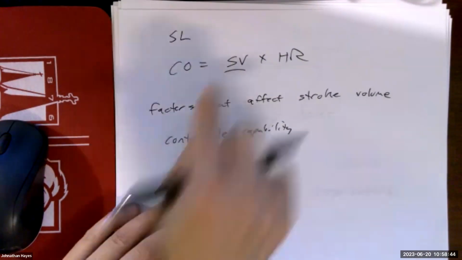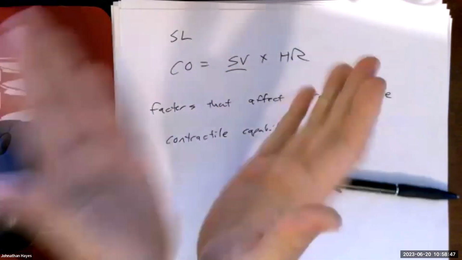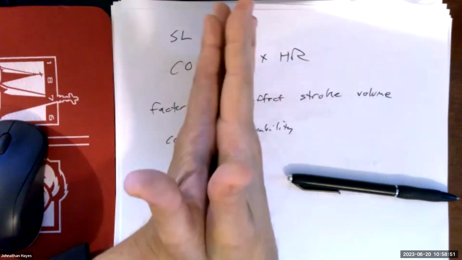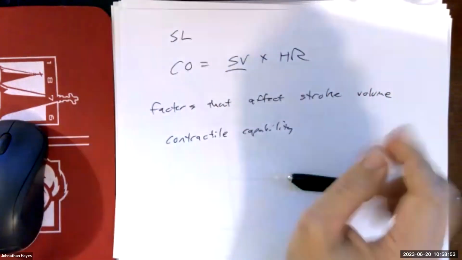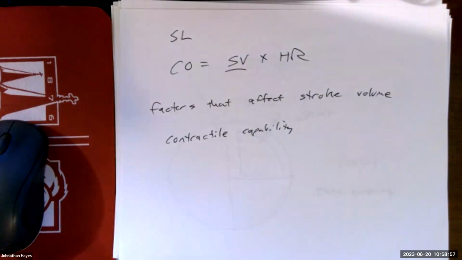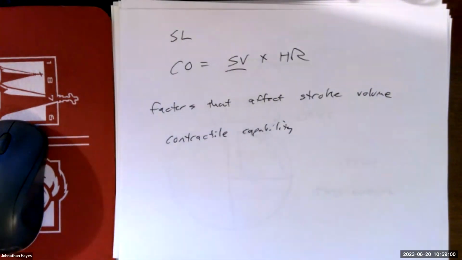So one way that I can increase stroke volume is by simply contracting more on a normal chamber, okay? So if a normal chamber holds up to 135 milliliters under resting conditions, only about 70 of those leave, about half of it leaves. But under a more stressful situation, if I add more epinephrine, then more will leave, okay?